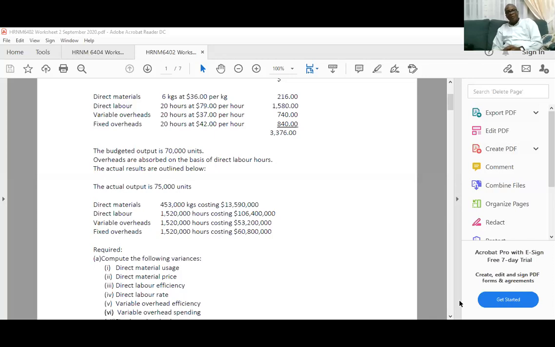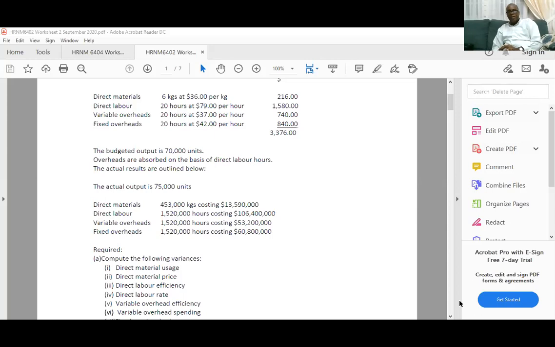And then what's an example of fixed overheads? In the context of a factory setting, your fixed overheads would be the factory manager's salary, or the salary of the supervisor in the factory. So your overheads are influenced by the hours if you're in a manual environment.